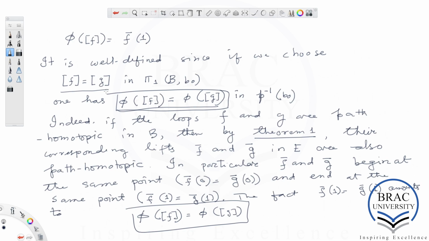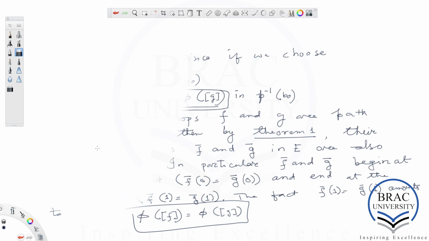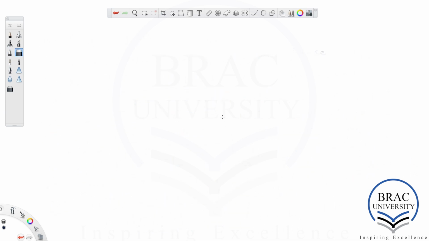In other words, the map that we defined a while ago, which is denoted by phi, is a well-defined set map. We call phi the lifting correspondence.